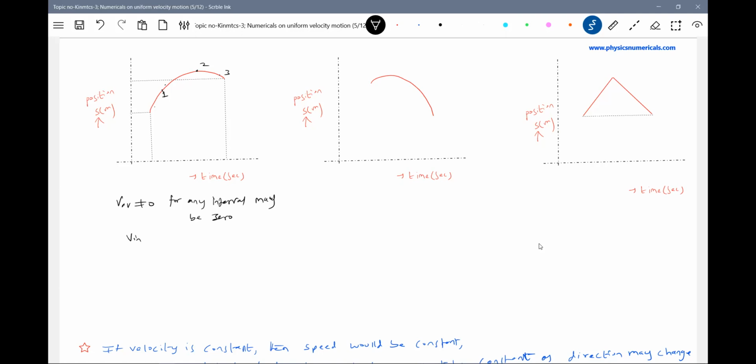Instantaneous velocity may be zero. At 2, it is zero. At 1 and 3, it is non-zero. And average velocity for an interval: if you choose this interval, it'll be zero. If you choose this interval, non-zero. So for any interval, write maybe zero, not for all intervals.